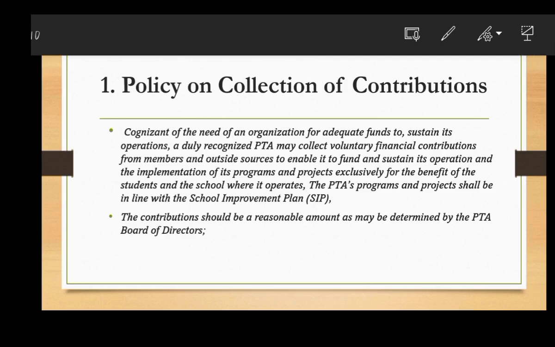The contribution should be a reasonable amount as may be determined by the PTA Board of Directors. Each school has a Board of Directors consisting of President, Vice, Secretary, Auditor, and Treasurer. But also, there are PTA officials in each section of any grade level.